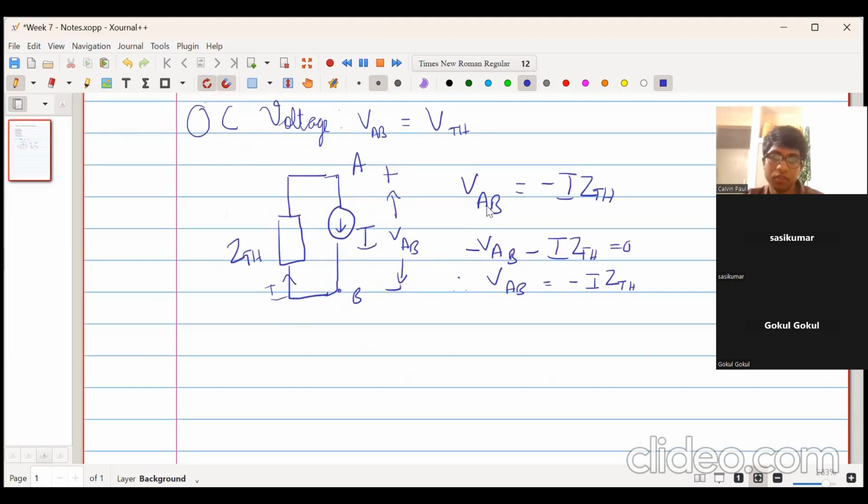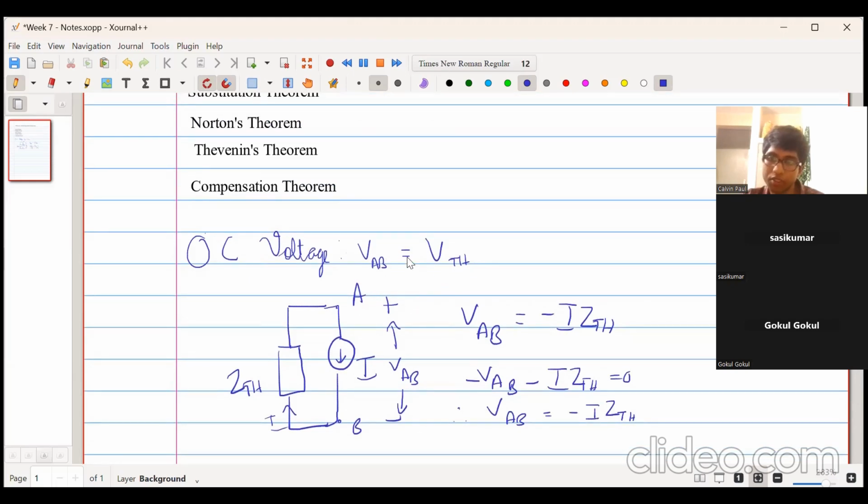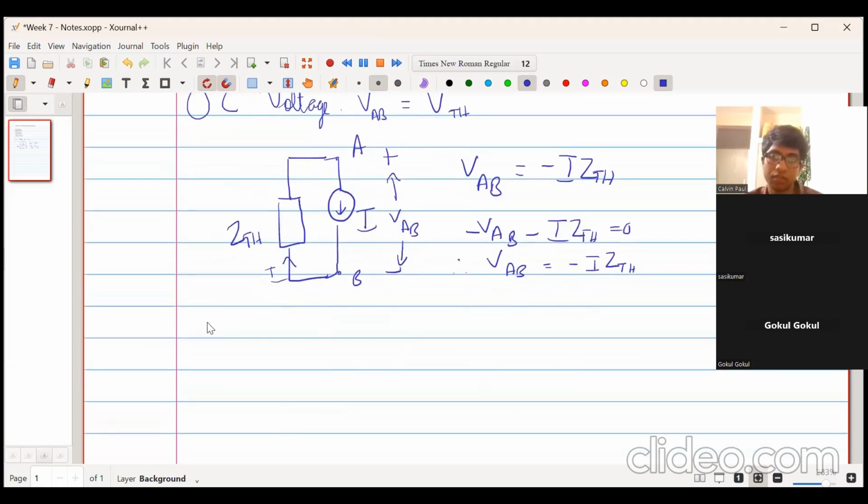Now when we apply the superposition theorem, the voltage VAB will be equal to VTH plus this voltage, minus I into ZTH. So the effective voltage VAB in the original circuit will be equal to V Thevenin minus I into ZTH.